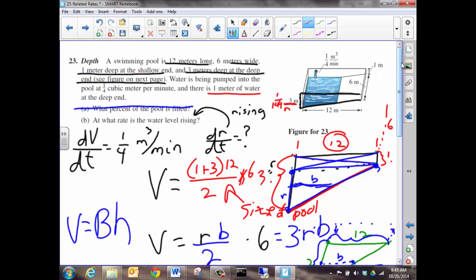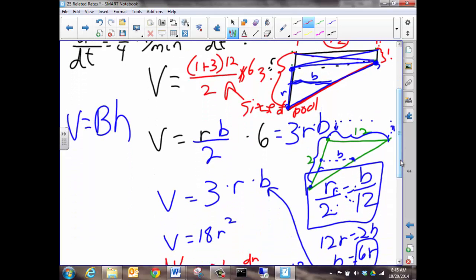Okay? Now, question for you. Does this formula hold true when the pool is bone dry and you start pouring water in? Why not? Now, okay, but I could put it when I put the first drop of water in.